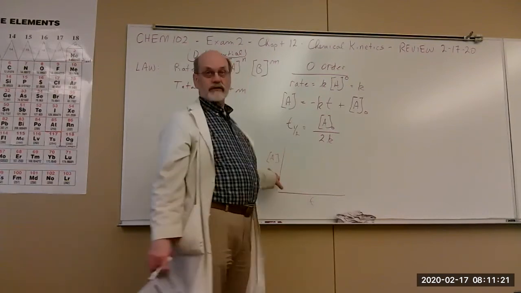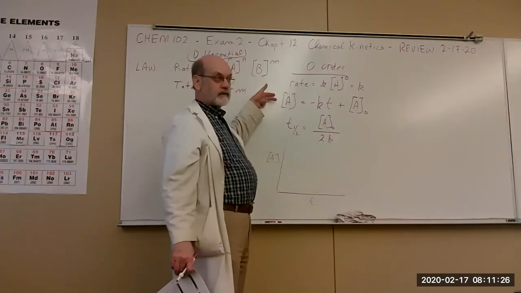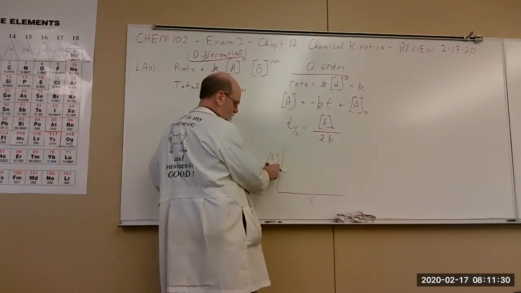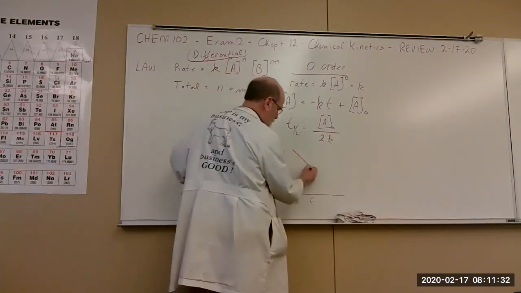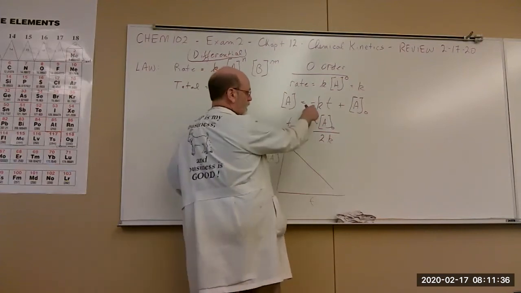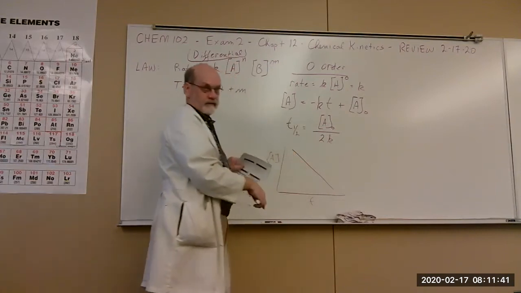Time against concentration. Yeah, because this says it is. This says that if you graph A against t, you get a straight line. And notice that k is negative. That's why the slope is negative.